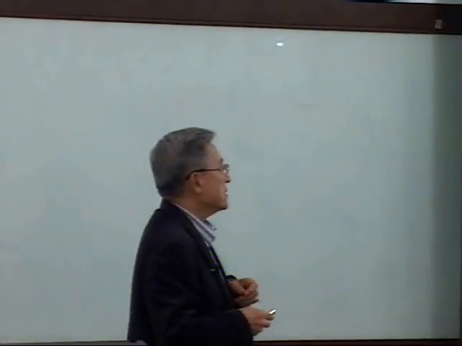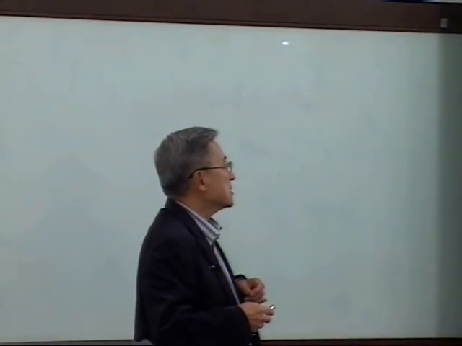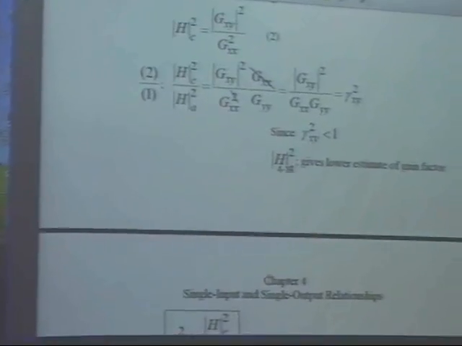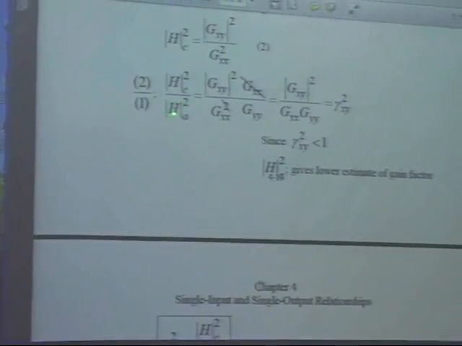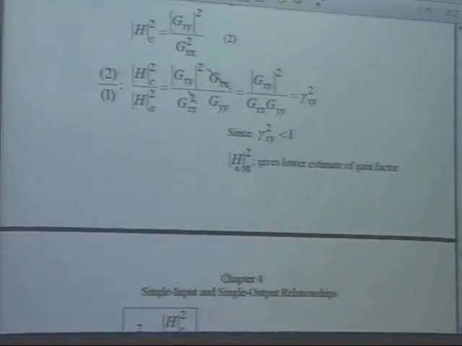And from here I concluded that H_C squared has to be less than H_A squared. Why? Why does H_C have to be less than H_A?